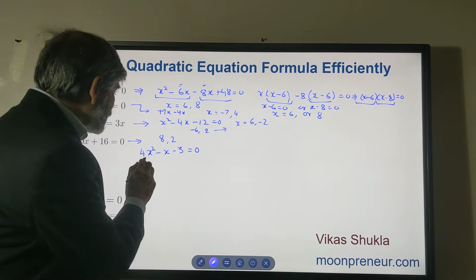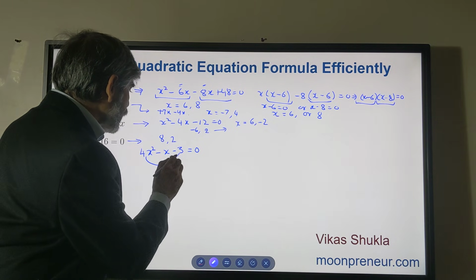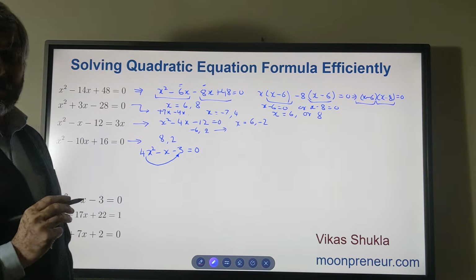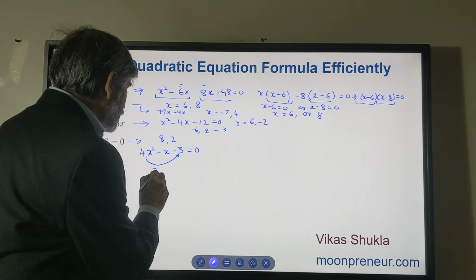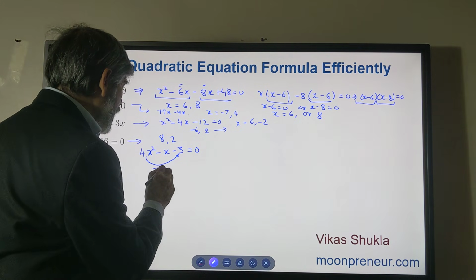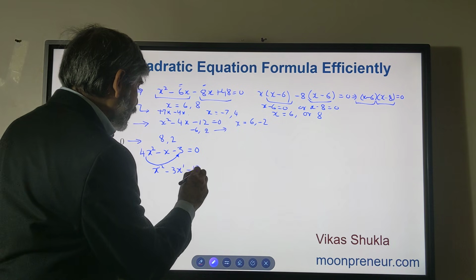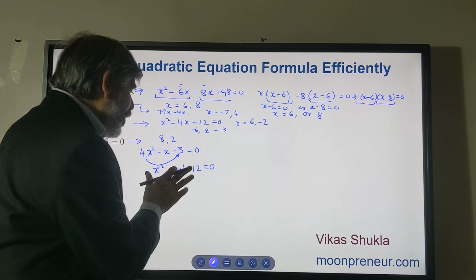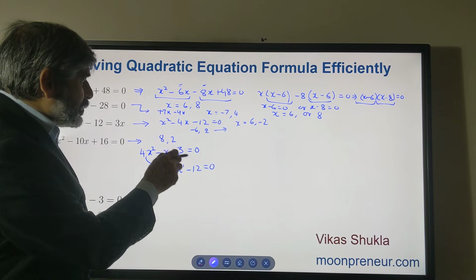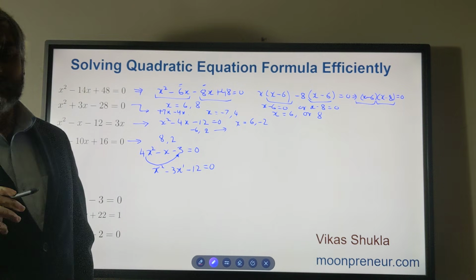What I do is, I transfer this 4 over here and write this equation again as, I will call this x dash square minus 3x dash minus 12 equal to 0, and now I multiply this 4 with 3 and write this here.